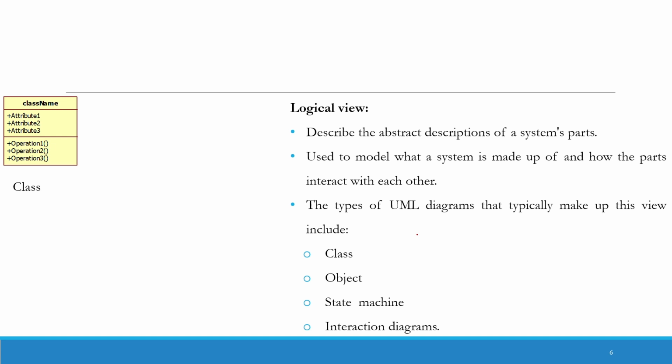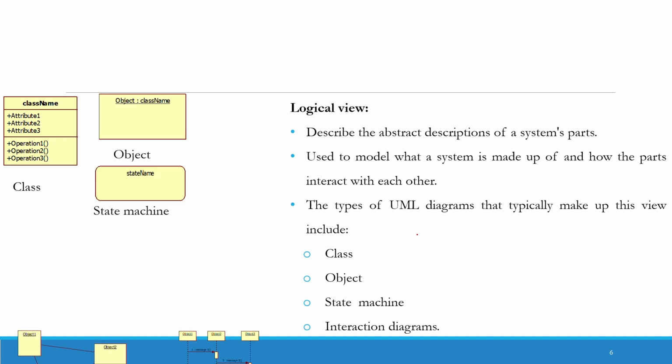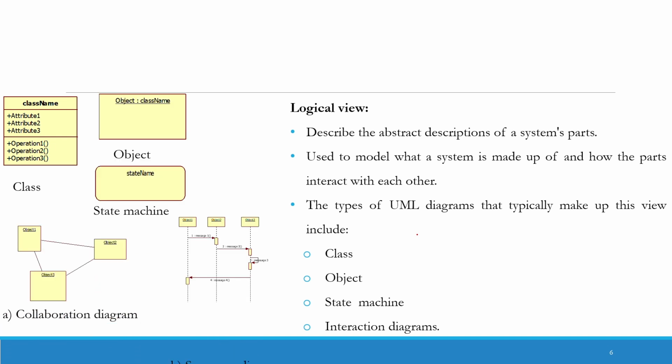In this case, we understand what the system is made up of and how the system parts interact with one another. So we have to understand what the parts of the system are and how each part is interacting with each other.